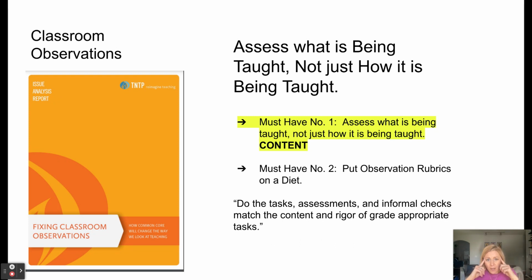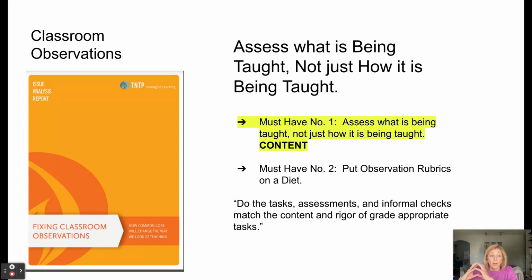This week, when you reread this article or connect it to your observations, I want you to be thinking about the fact that we're not just assessing how things are being taught in the classroom. A lot of times we watch the teacher and we record a bunch of information about what the teacher is doing and what strategies they're using. We also have to look at what is being taught. And by what, I'm talking about content.